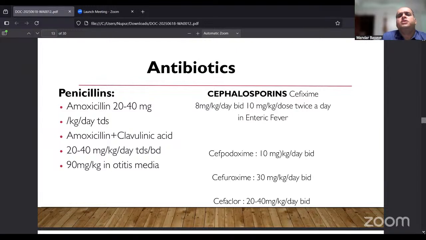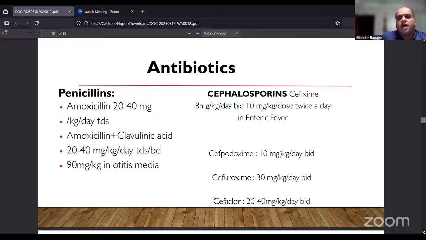There is the cephalosporin group of antibiotics. We give commonly cefixime. While amoxicillin and clavulanic acid is given for upper respiratory tract infection, it covers more of gram-positive bacteria. It could also be given for enteric fever, but cefixime should not be given for upper respiratory tract infection because it doesn't cover staph.